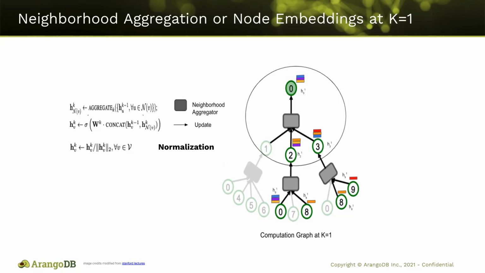The important note here is that GraphSAGE learns the weight matrices individually at each search depth k, or you can also say that it learns how to aggregate information from a node's neighborhood at each search depth.